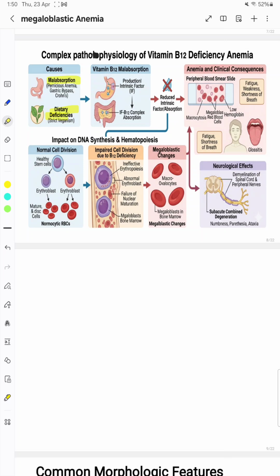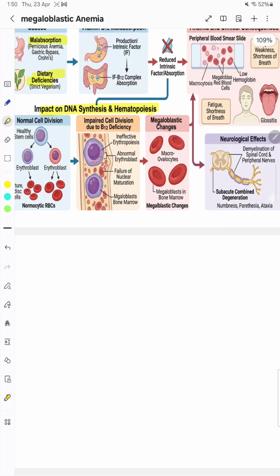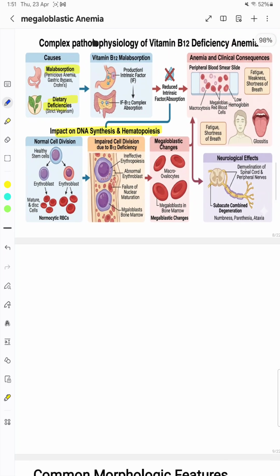Due to vitamin B12 deficiency, there is impaired DNA synthesis, and this will result in ineffective hematopoiesis, with nuclear to cytoplasmic asynchrony, in which nuclear maturation lags behind cytoplasmic maturation and ultimately culminates in increased cell size of all erythroid, granulocytic, and megakaryocytic lineages.